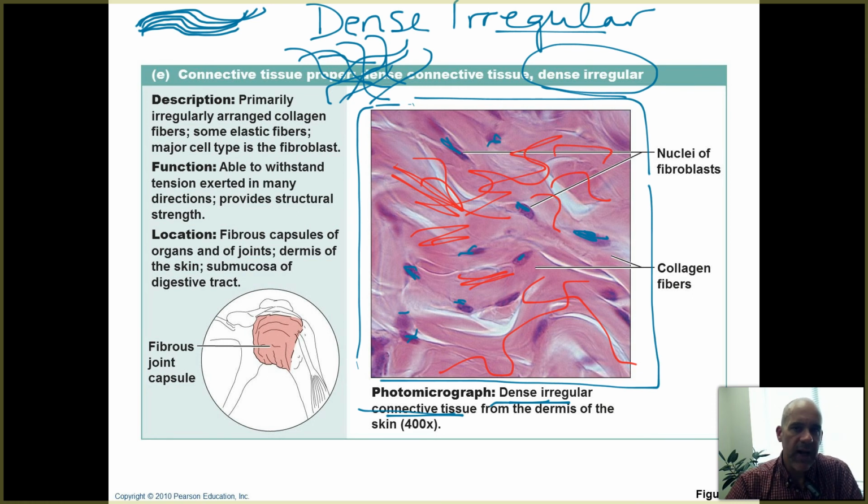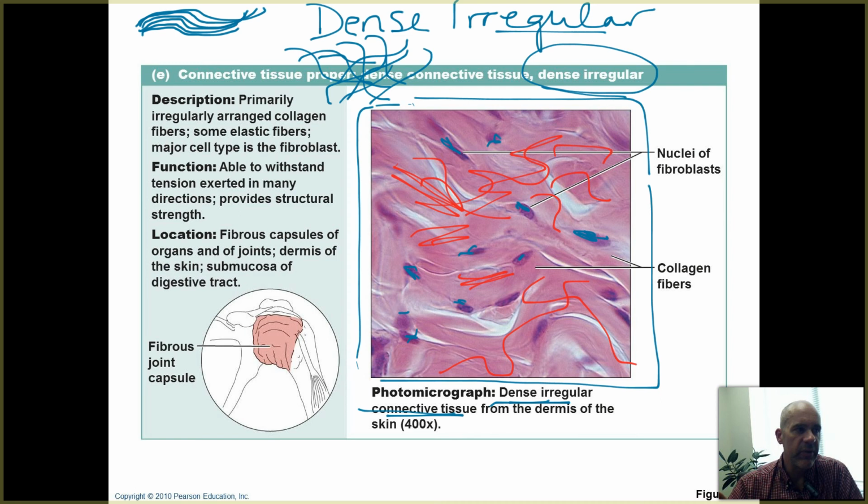Those are mostly collagen fibers, so there's lots of them in there, but they run in all different directions. Now, in contrast to your dense regular connective tissues, you can have a better blood supply. You do have some room for blood vessels to pass through here. So they're not like the dense regular connective tissues where you have that super poor blood supply.